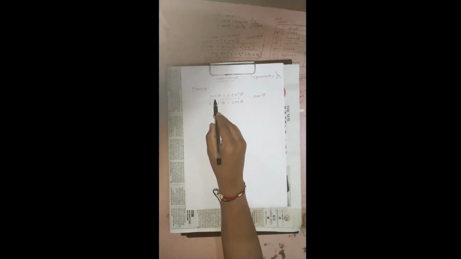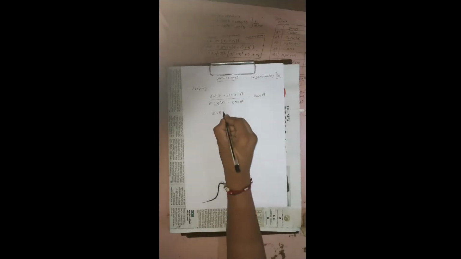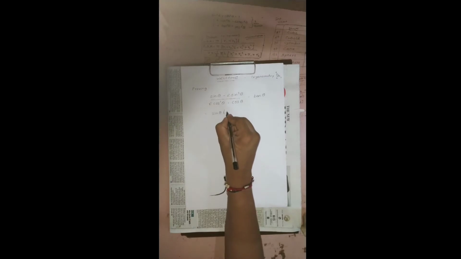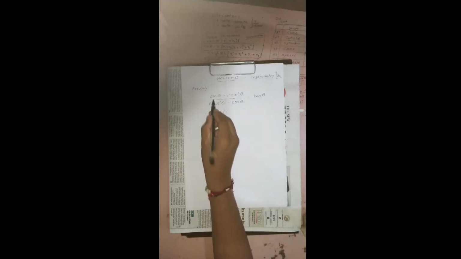Here you can clearly see that we have sin theta as common, so we can take sin theta common. When we take sin theta common and put a bracket, here we can put 1. This means sin theta into 1 equals sin theta.